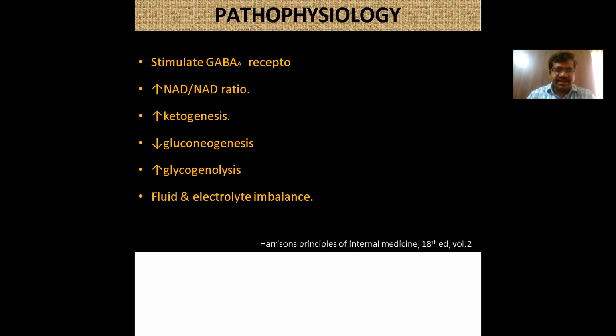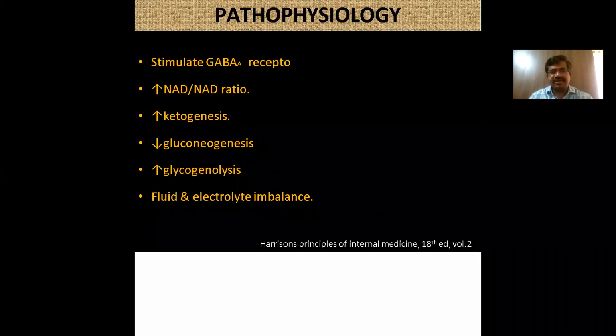And also there is an increase in the NADH ratio, where the enzymatic reactions increase, and also ketogenesis. So ketone body formation, you can see the complications in future slides. Ketoacidosis is one of the complications of alcohol intoxication.